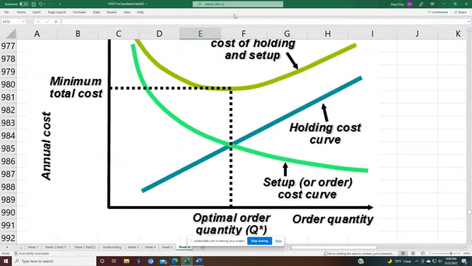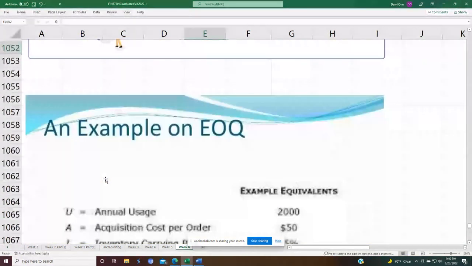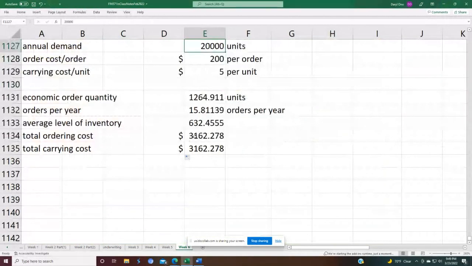At the point where the ordering costs, the light colored green, and the warehousing costs cross, are equal to each other. That's going to give you the bottom of the curve. So if they're equal to each other, like we see here, then we see, okay, we've done this correctly.